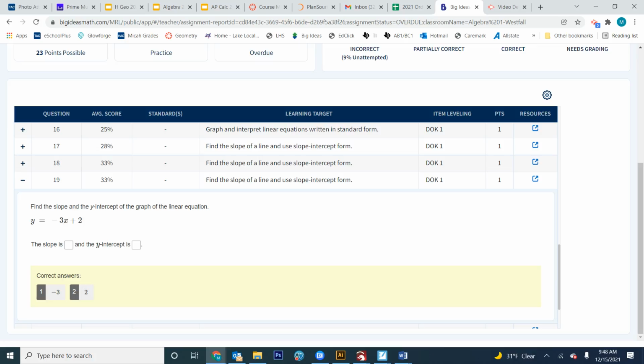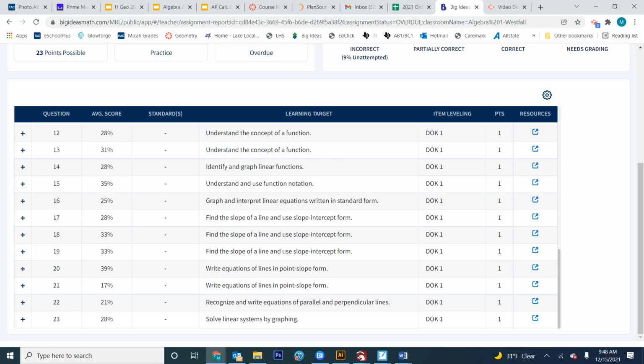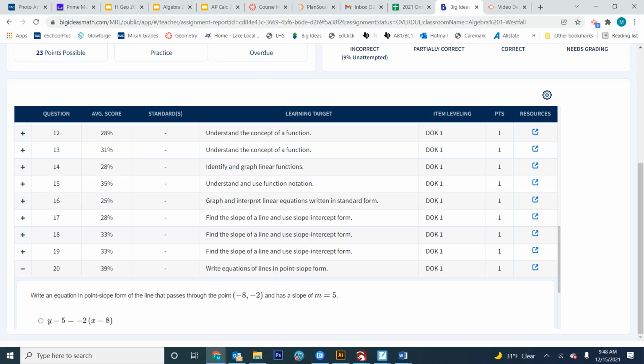Just put negative 3. Now, if it's negative 1/3, that's a different story. Now we have to put it as a fraction, obviously. Okay, is everybody okay on this? Yes? I think we're doing this one.